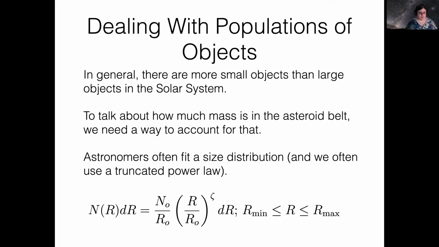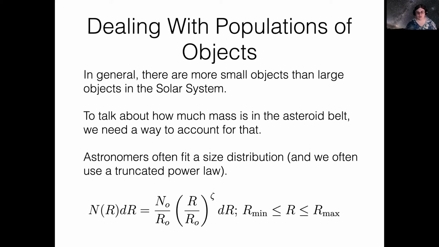And because we don't always have a good sampling, one of the first things astronomers will do is fit a power law to it. That is some function that is a x to the b. So down here you can see our power law. The front number outside the parentheses is basically a normalization constant that tells you how many asteroids you have in general. And then the thing in the parentheses is our variable r.